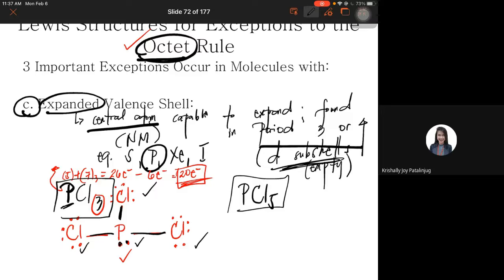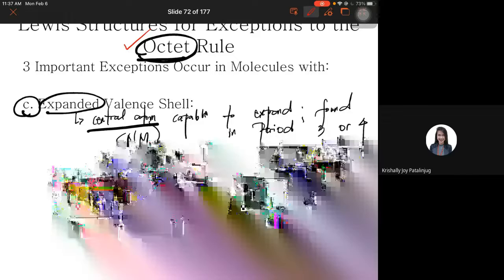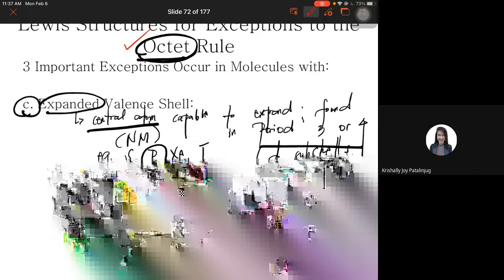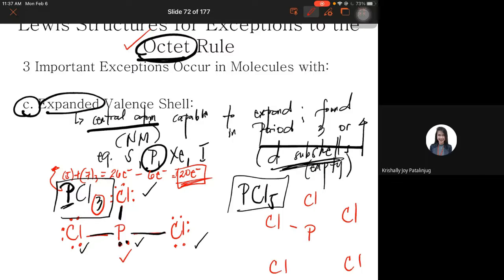Obviously, ilan yung surrounding? 5 daw yung surrounding chlorine. Therefore, we would expect that it would really form 5 bonds. And ilan ba yung equivalent electrons kapag 5 surrounding bonds? That's equivalent to 10 electrons.